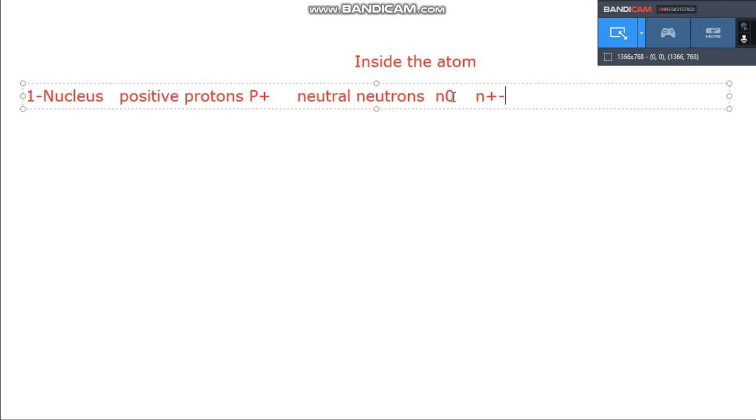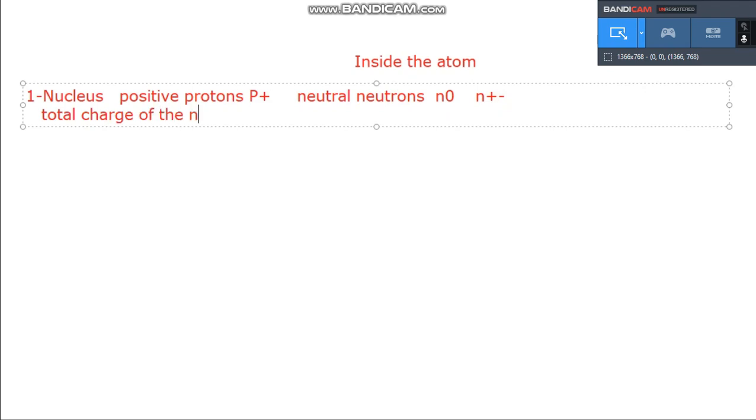So what will be the total charge of the nucleus? The total charge of the nucleus is positive.